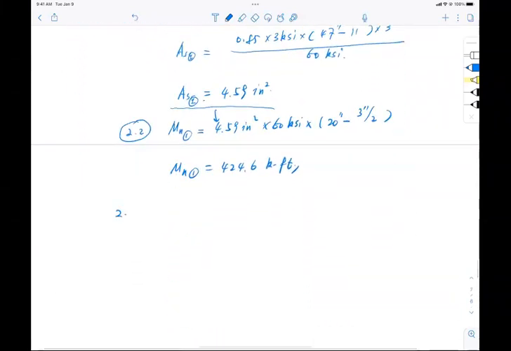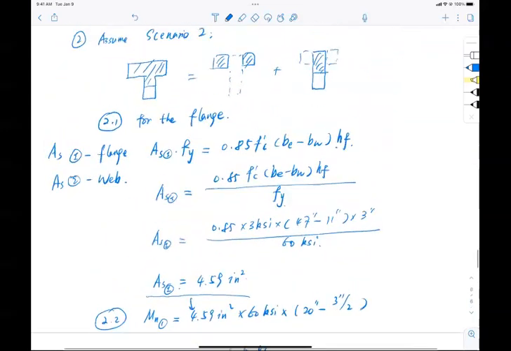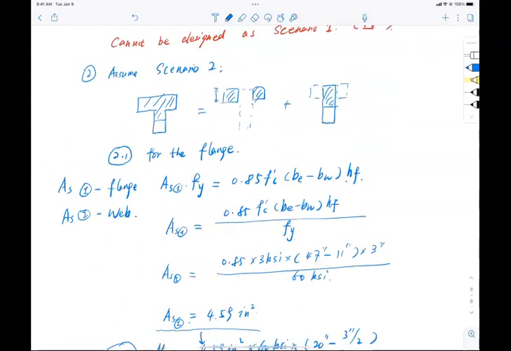So 2.3. How about the web? Now this is what we're doing. And pay attention here. For the flange, we know that the total compressive zone is within the flange. So that means I know h_f to begin with. I know everything I just went through to calculate the moment. I don't have to determine anything. But for the web, the problem is I actually don't know a.